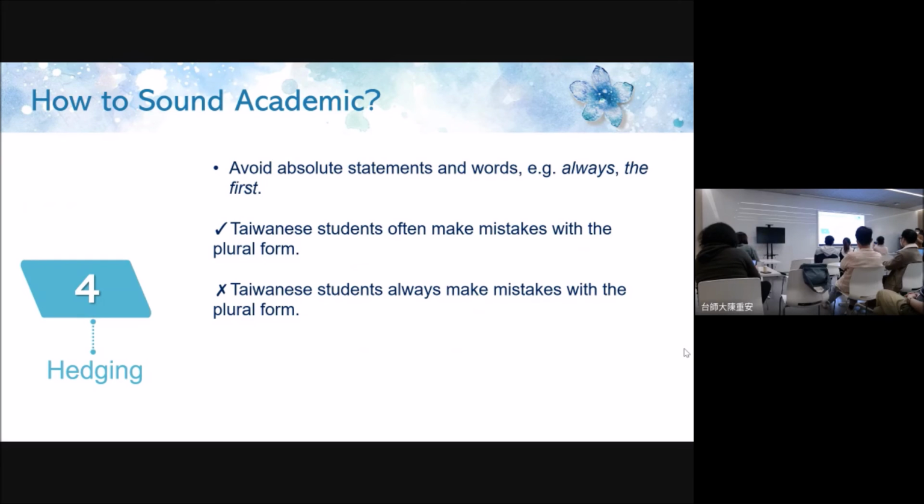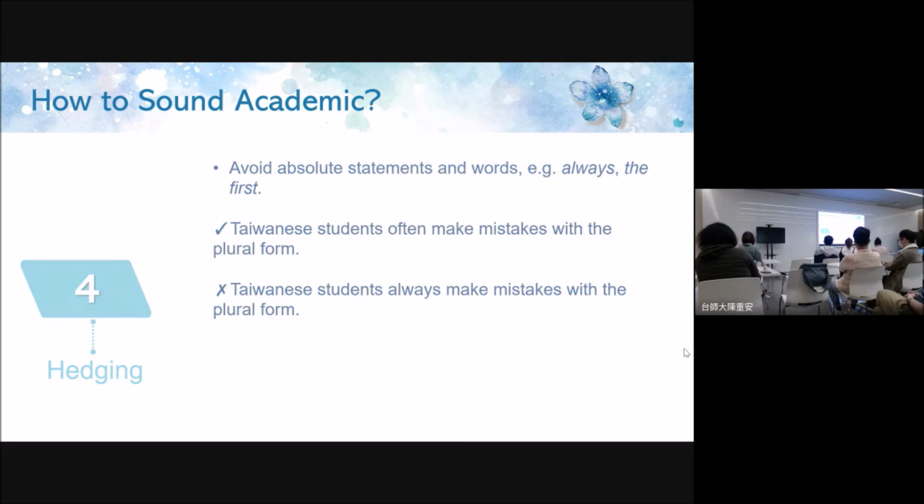In any kind of research, you cannot prove that it's always like this, so you will not say this. Like the word first, it's hard to say Mr. Johnson is the first one that proposed this idea. You don't know who is the first one, and it's very hard to prove. So we don't use words that are this absolute, to avoid problematic writing in your paper.